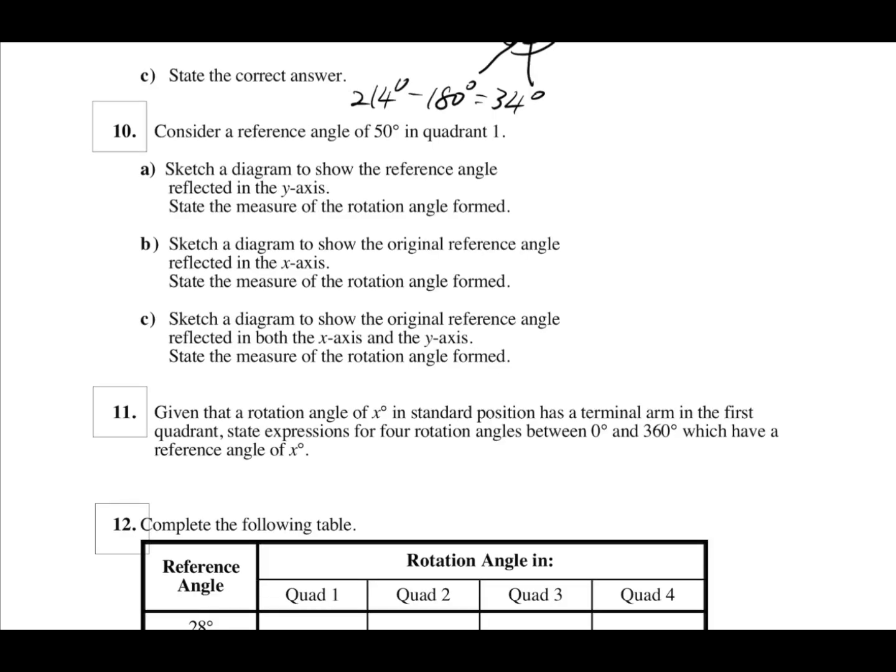And for number 10, we have the reference angle of 50 in quadrant 1, and sketch a diagram to show the reference angle reflected in the y-axis. And then for here, this is 50, and then this is 130.